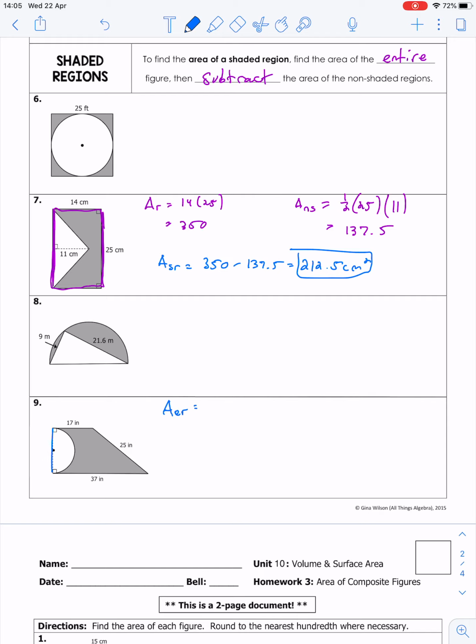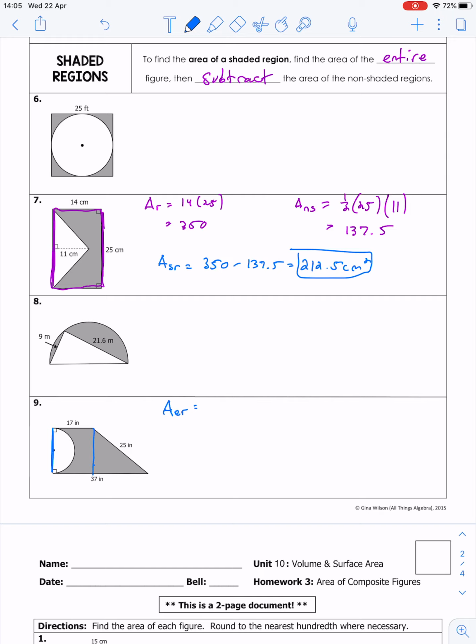So it's going to be the height. What is the height? How do we find that? Good question. I think we're going to have to break this up a little bit.